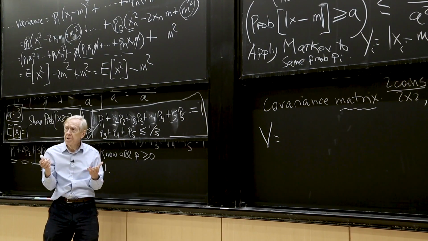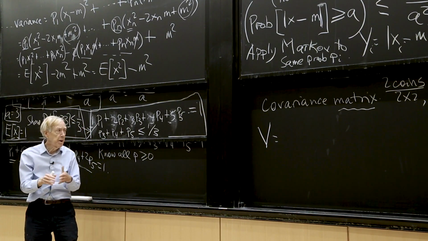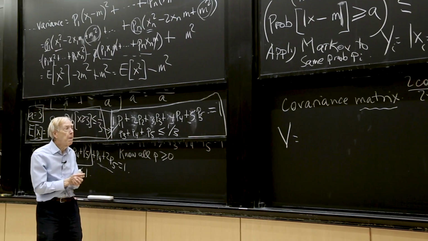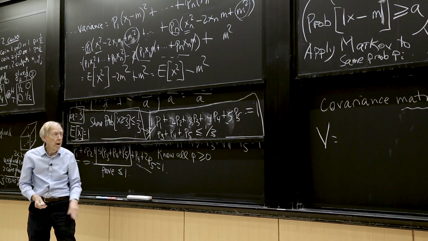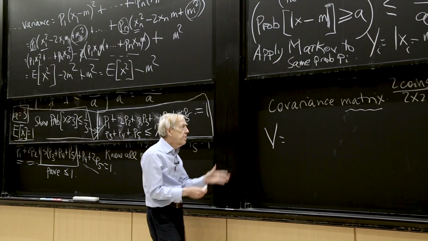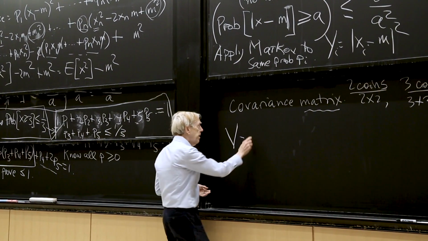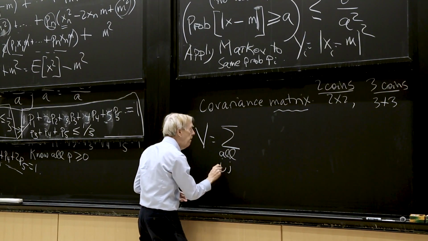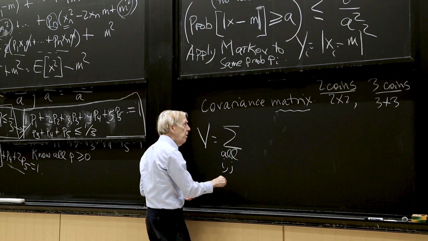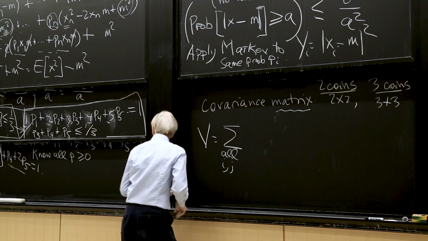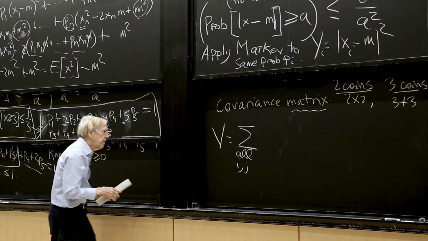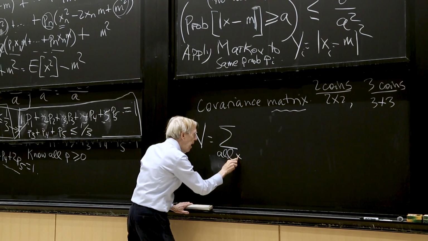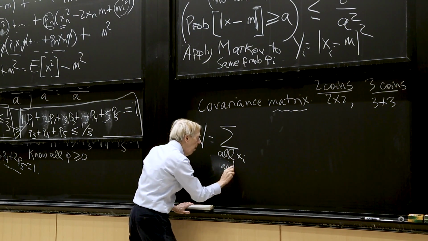Covariance is telling us that we're also interested in the joint outcome, an X and a Y. So I'm going to add up over all possible i and j, all possible outcomes, all possible xi and yj.